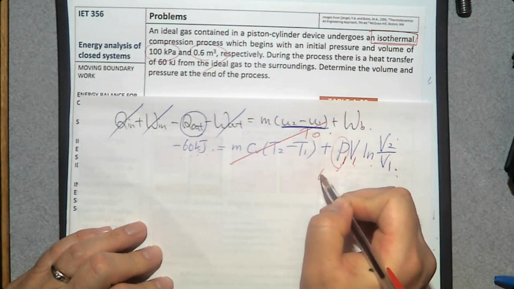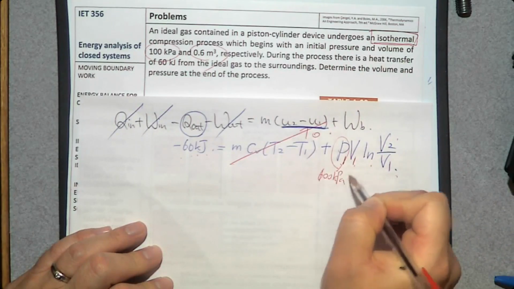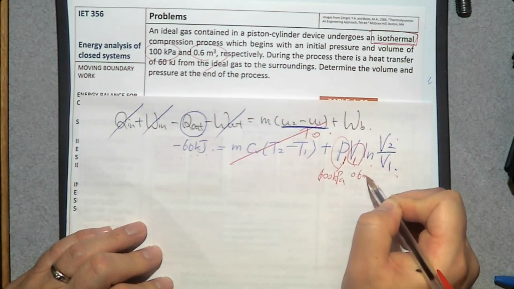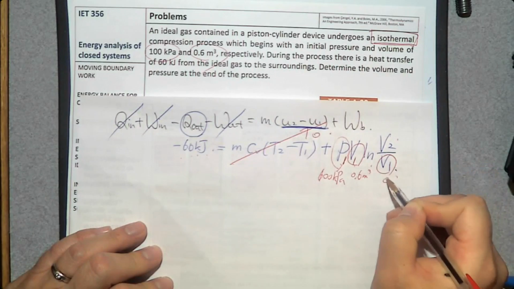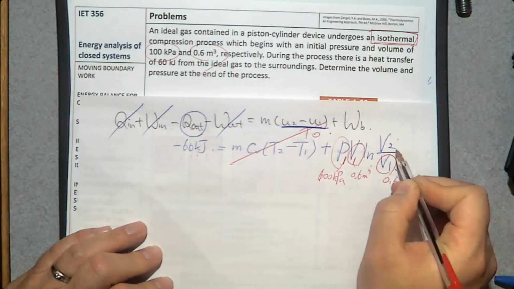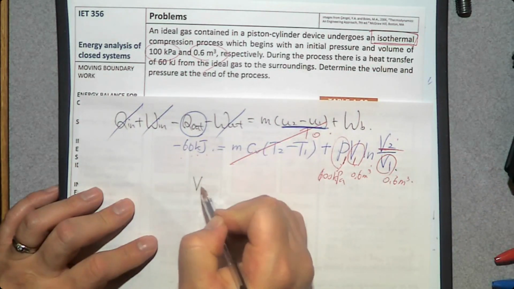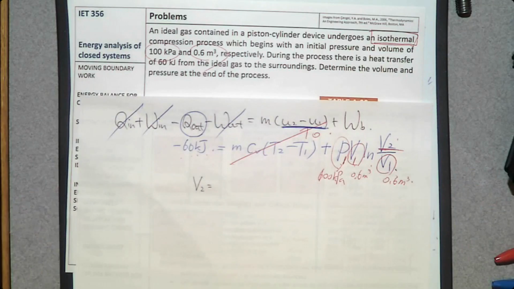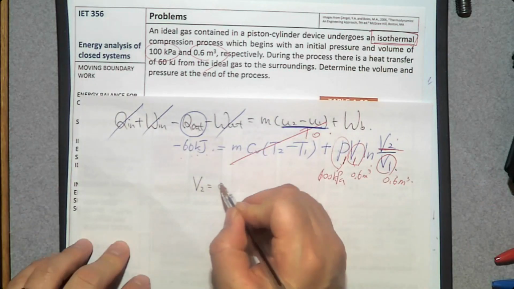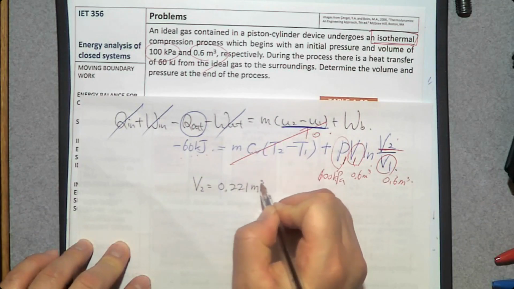So this is 100 kilopascal. V1 is 0.6 cubic meters. Can you determine V2? Yes. From this, V2 is 0.221 cubic meters.